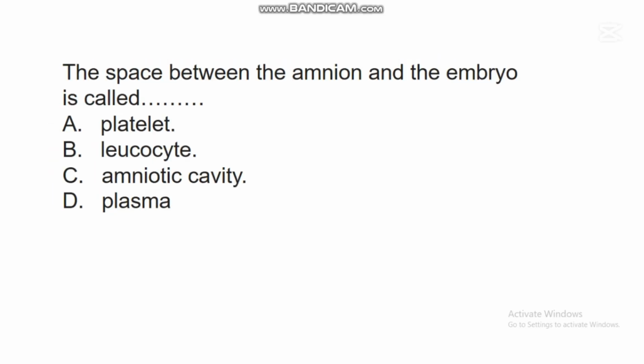The next question says, the space between the amnion and the embryo is called dash. A. Platelet. B. Leukocyte. C. Amniotic cavity. D. Plasma. In this question, the correct answer is C. Amniotic cavity.